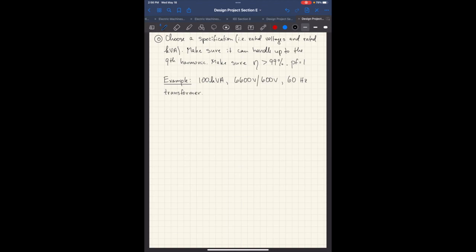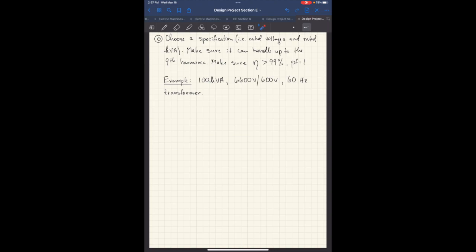Of course, you can change these numbers. For example, if you want to leave it 100 kVA, great, then you could change this. Maybe make it 480 to 240. Play around with it. See what you get. This is your time to be creative.